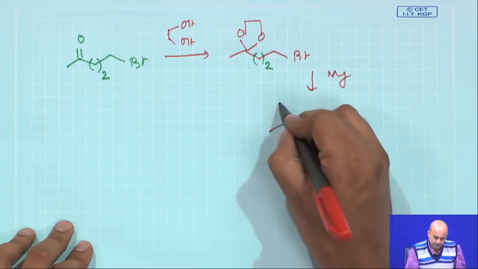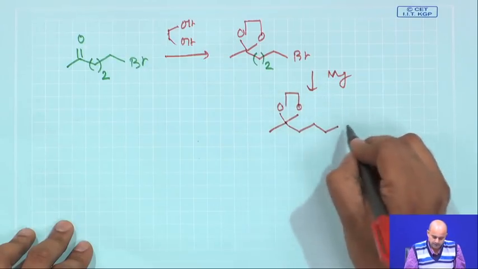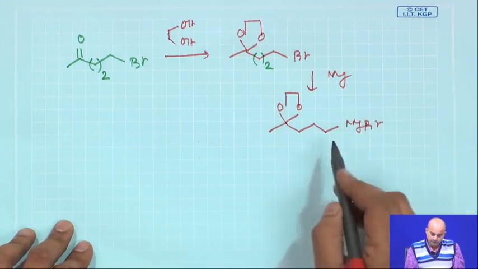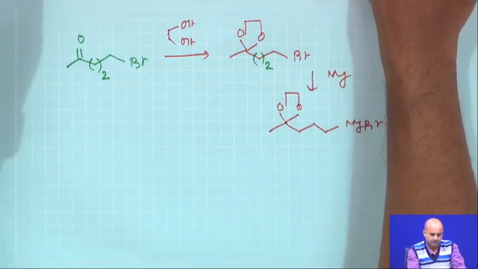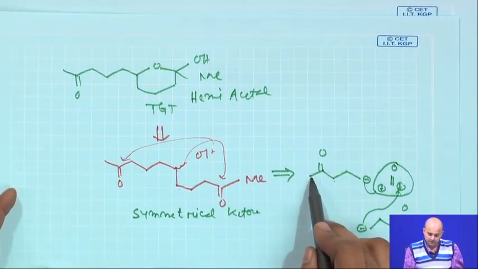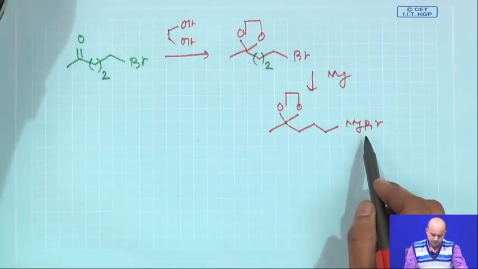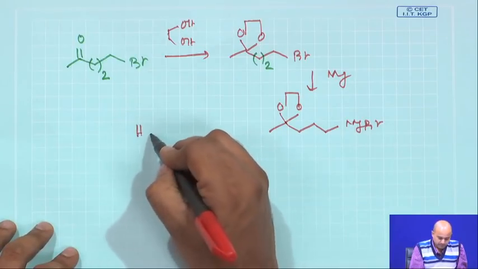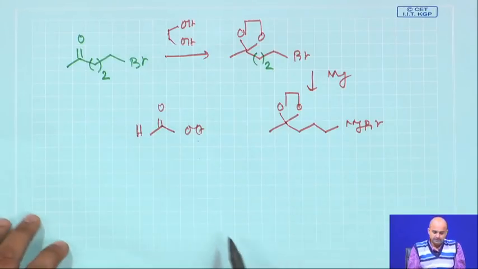So, what will you basically get? You get this CH2 MgBr. Now, as we talked about earlier, this is a CH3 CO CH2 minus equivalent, an MgBr species or lithium species. Now you react this species with ethyl formate.